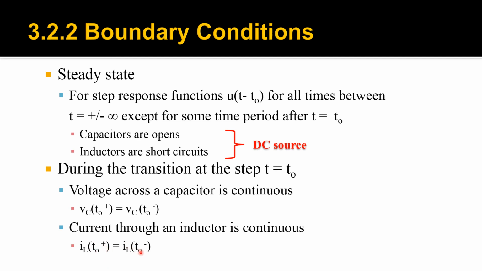So this one is for t less than 0, and this is just after t equals 0. And then what you need to do is redraw the circuit at t less than t0. So if our t0 is 0, you need to redraw the circuit at t less than 0.